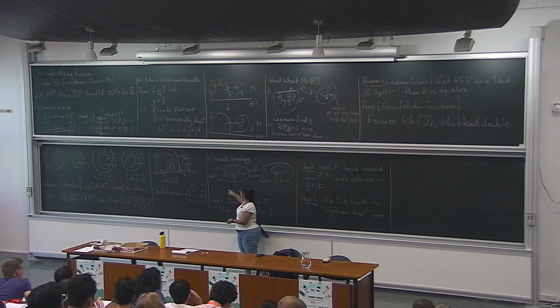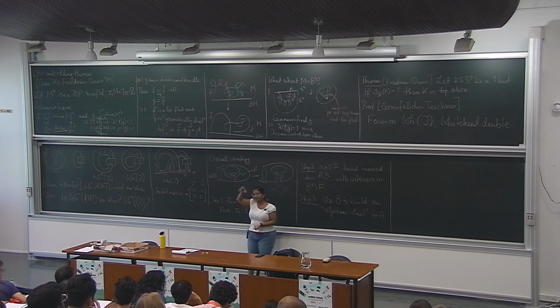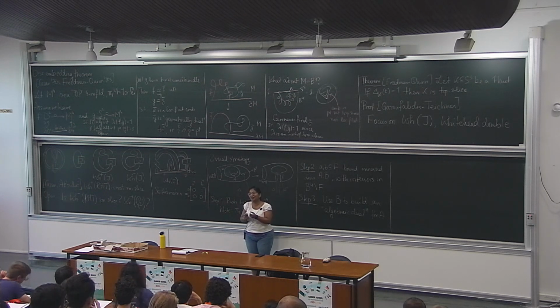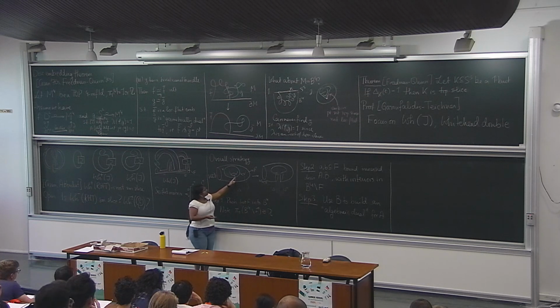Another way to think about it is that this surface, once you've pushed it into B4, has a D2 neighborhood. Each of those D2 fibers has a boundary S1, which is called the meridian of that surface. For each point on this circle, I'm going to take the meridian, so I get a torus that sort of hugs the surface as it goes around.